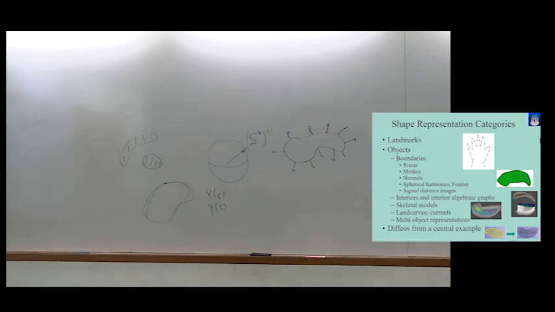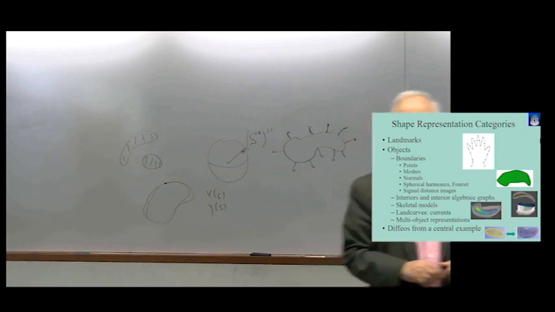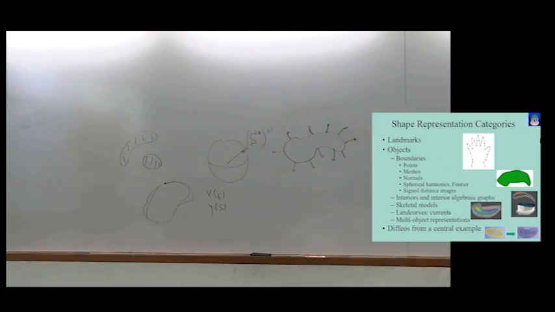Then objects can be represented as a linear combination of those basis functions, so-called spherical harmonics. Once you do that, the representation becomes the coefficients of that basis. These coefficients produce an object representation, and we'll talk a little bit about those.